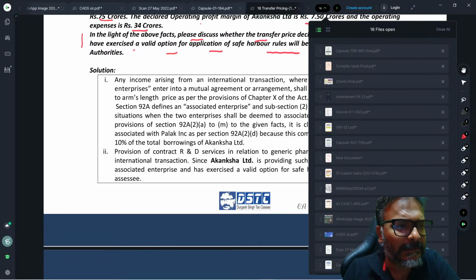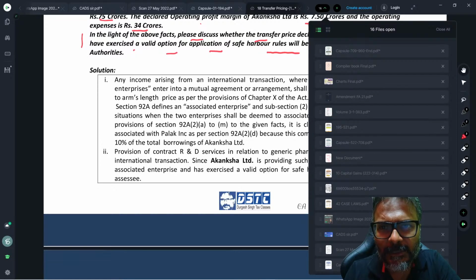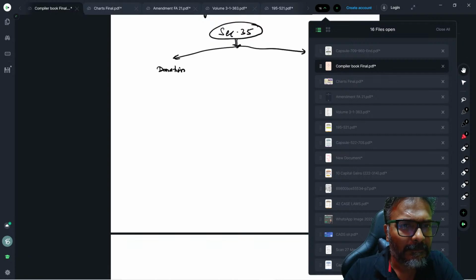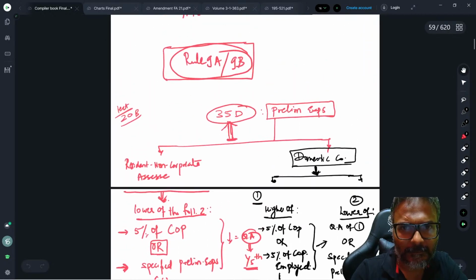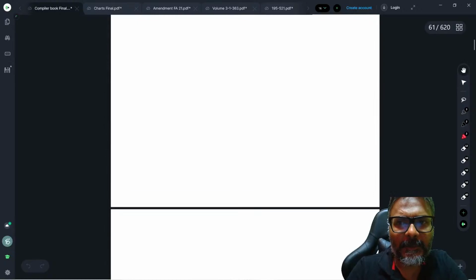We have discussed and deliberated the non-resident taxation aspect, so now we will be looking at the transfer pricing provisions and the questions thereon, on the basis of the compiler.